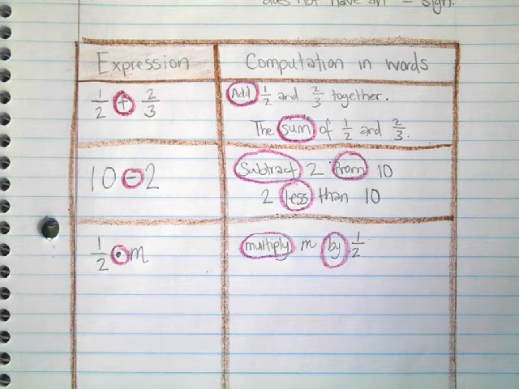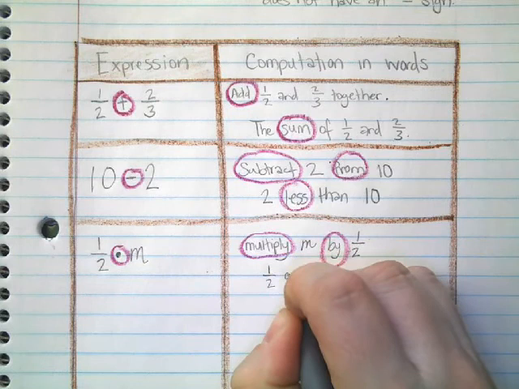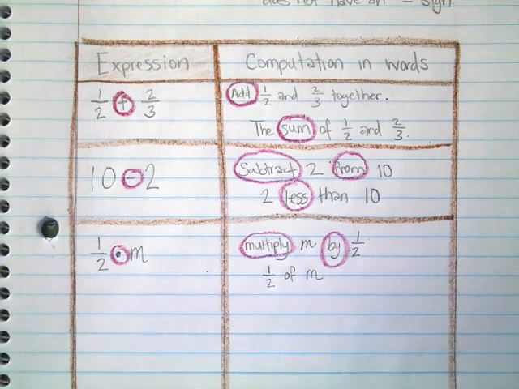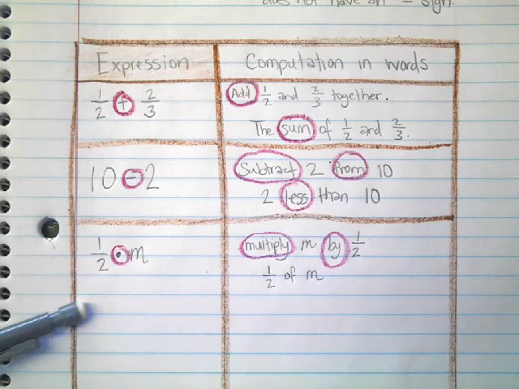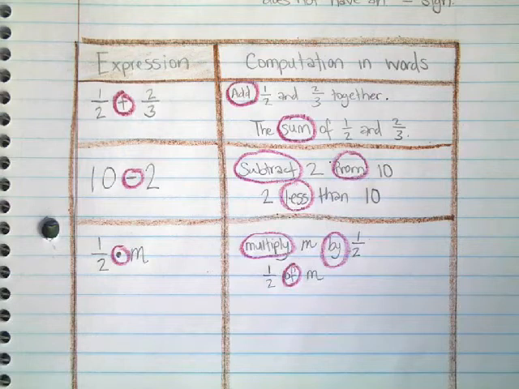Something else I can say is 1/2 of m, right? And the word of is the key word there. Remember, we know that multiplication means of, so we circle of. There's even another way that I want to represent this.